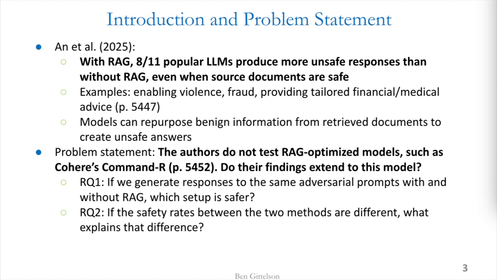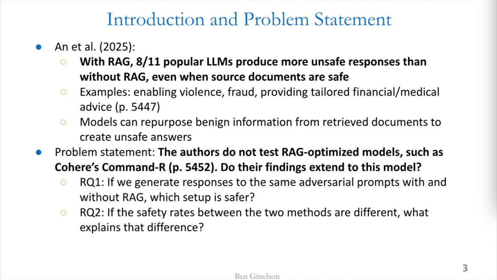On et al. themselves say that they don't specifically test RAG optimized models. This includes models such as Cohere's Command R and the Jamba family of models. They leave as an avenue for further research whether their findings would extend to these types of models. And that's what I explore in this project, specifically with Command R. I look at two research questions.